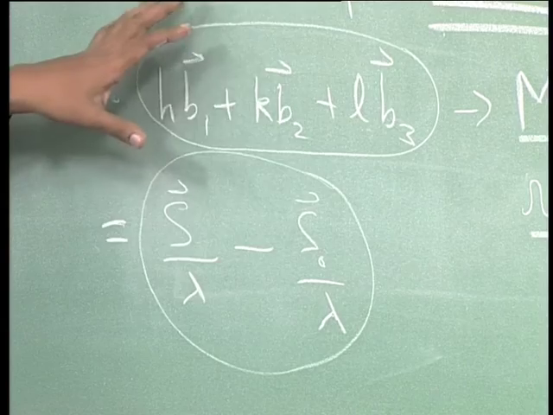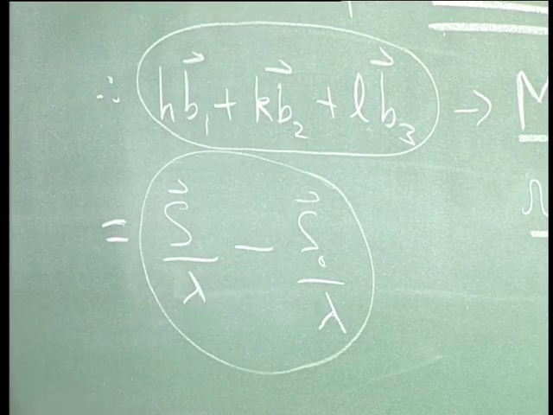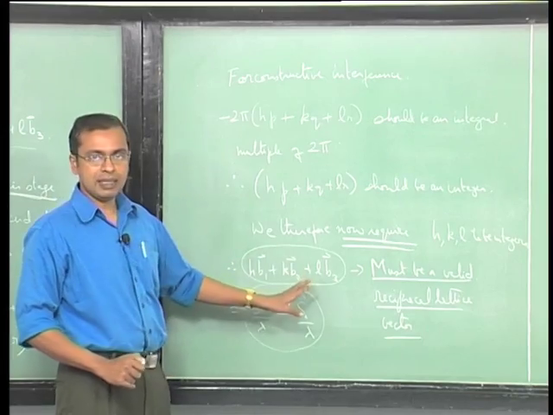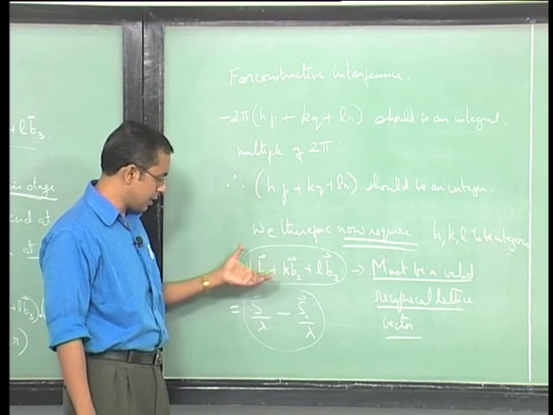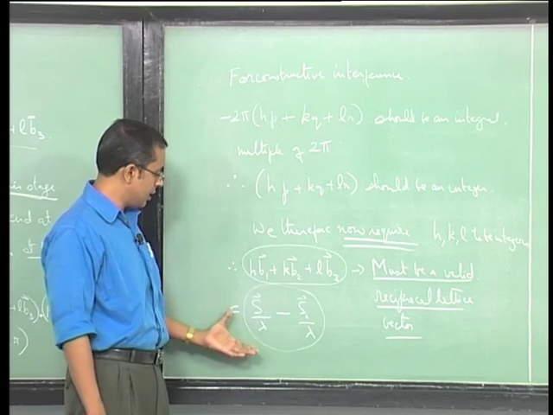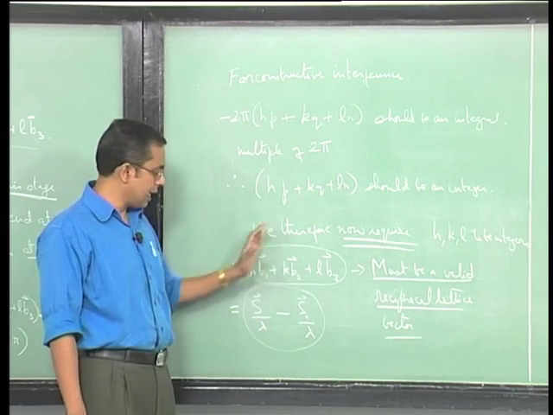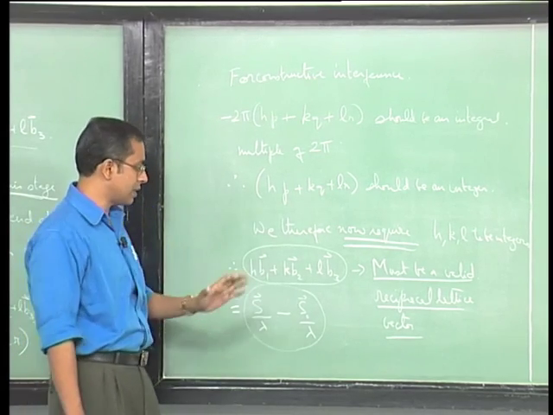This is the important derivation here. It has all the information we require: the crystal structure on one side and the wave information on the other, and taken together it is the diffraction condition.